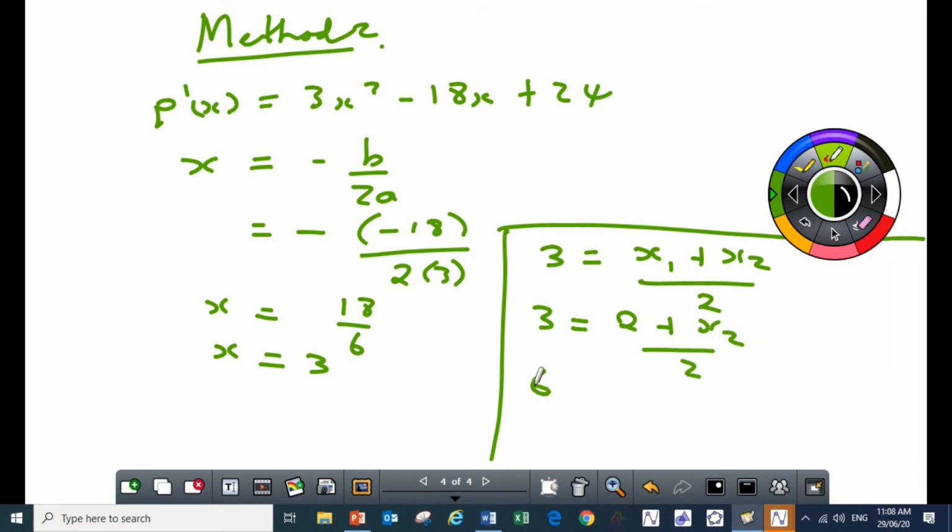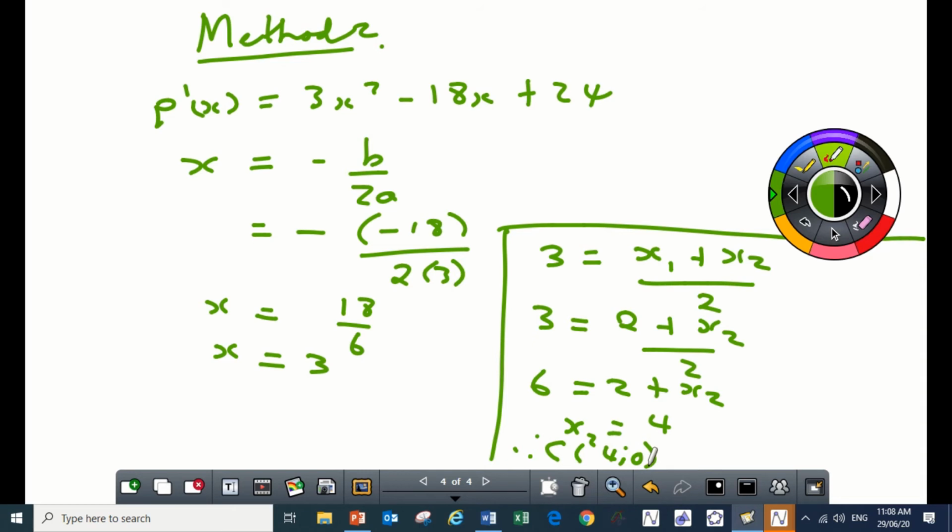So you can get 6 equal to 2 plus x2, and your x2 will be a 4. Okay? So you can also approach it that way. But the first method is the easiest. But if you don't realize, you can approach it that way. Then you can end up saying, therefore, x is 4, y is 0.